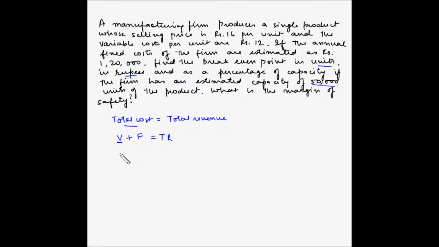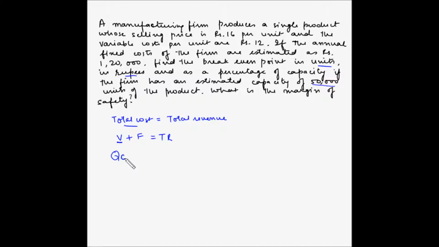Now variable cost is dependent on the number of units produced. So here we'll assume that a quantity of Q is being produced, and Q is the point where the break-even is happening. So Q is the quantity, and let's say c, a small c, is the unit cost.